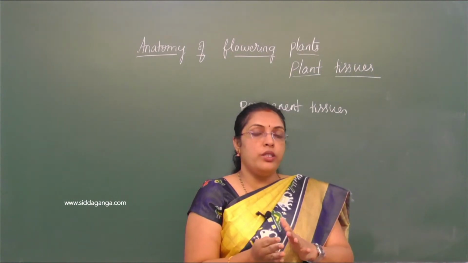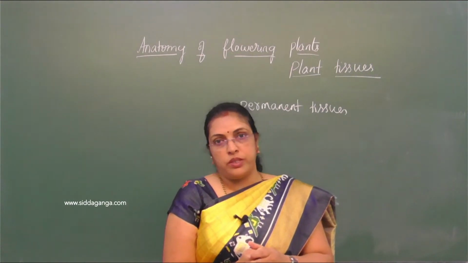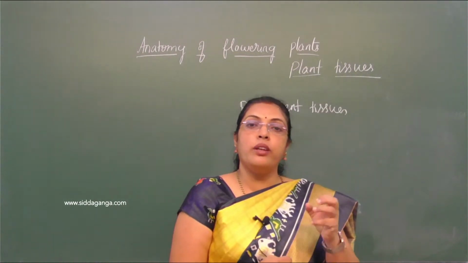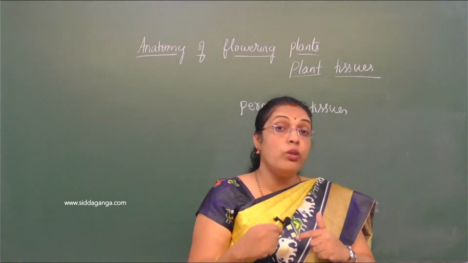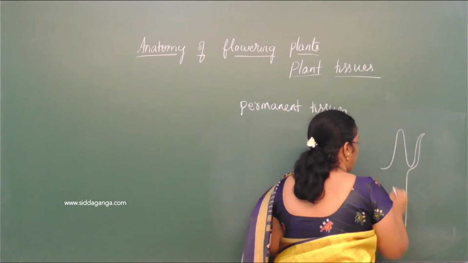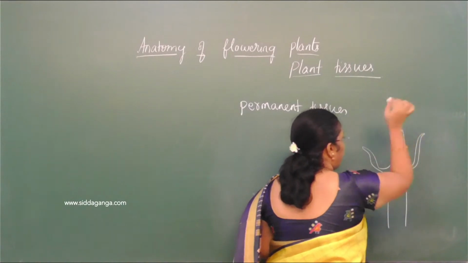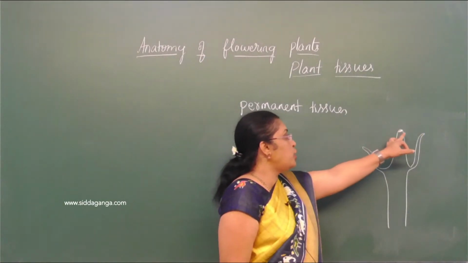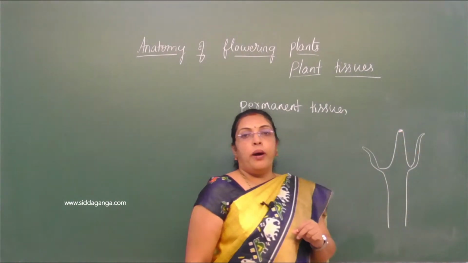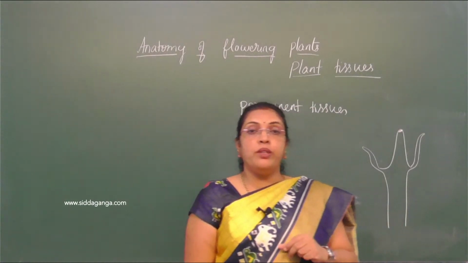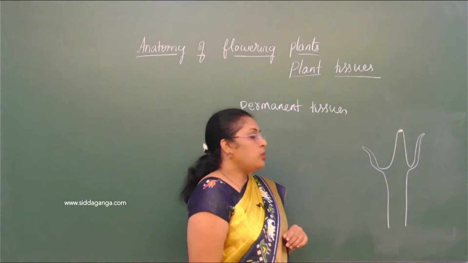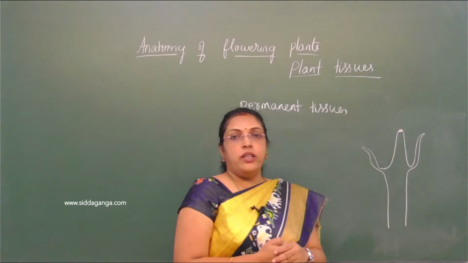These promeristems give rise to primary meristems, which have the capacity of cell division throughout their life, like apical meristems. The apical meristem at the shoot tip is called the shoot apex, and the one at the root tip is called the root apex, together called apical meristems. They come under primary meristems.